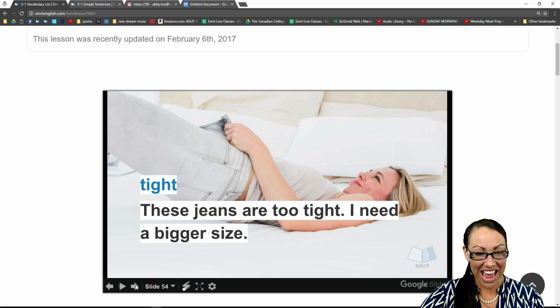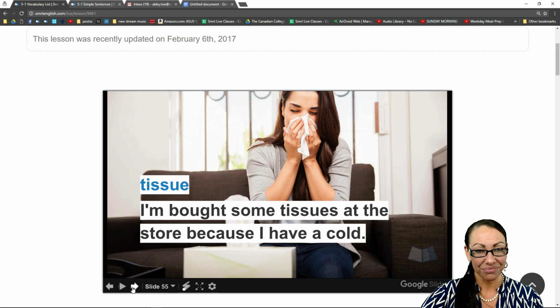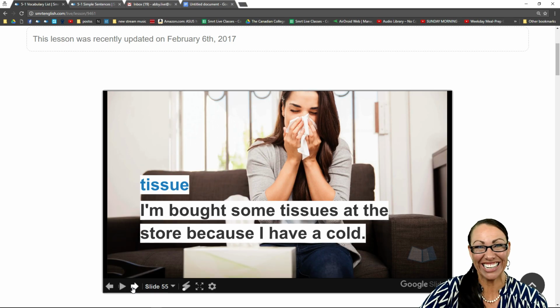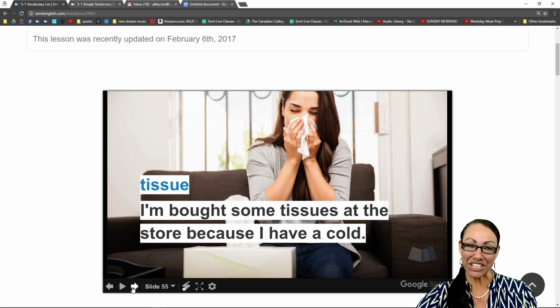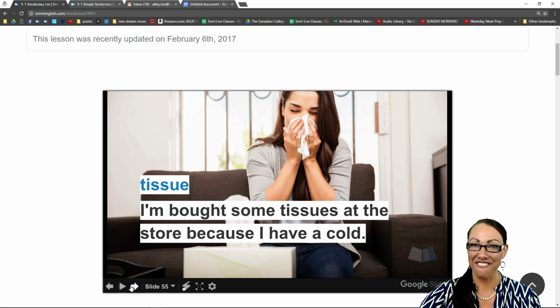All right, and continuing on. Tissue. I bought some tissues at the store because I have a cold. So tissues or Kleenex, even though Kleenex is the name brand, but it is the first brand of tissues.